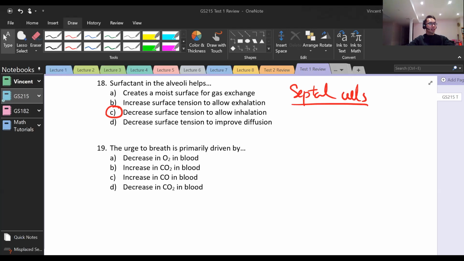All right, and the correct answer is increase in carbon dioxide level.